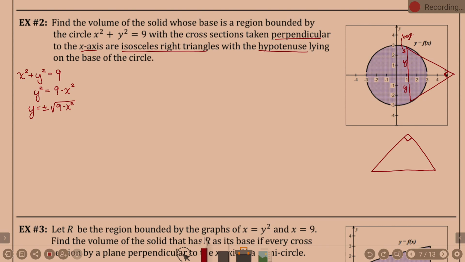Now, with that in mind, where does that apply here? This is y and y. In other words, right here in the middle is the height of the triangle.